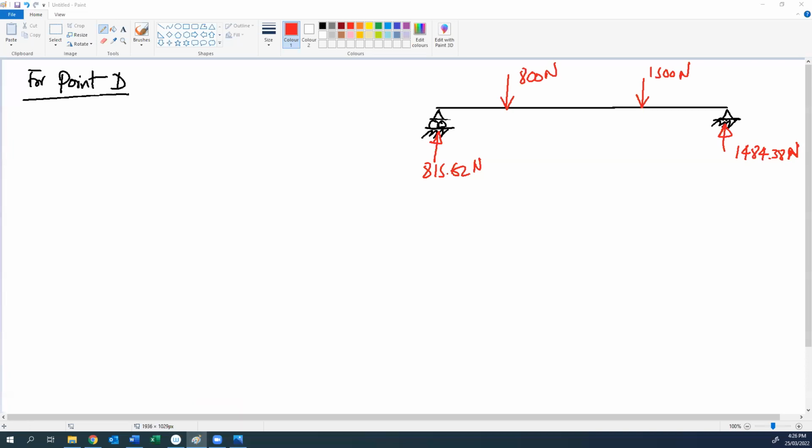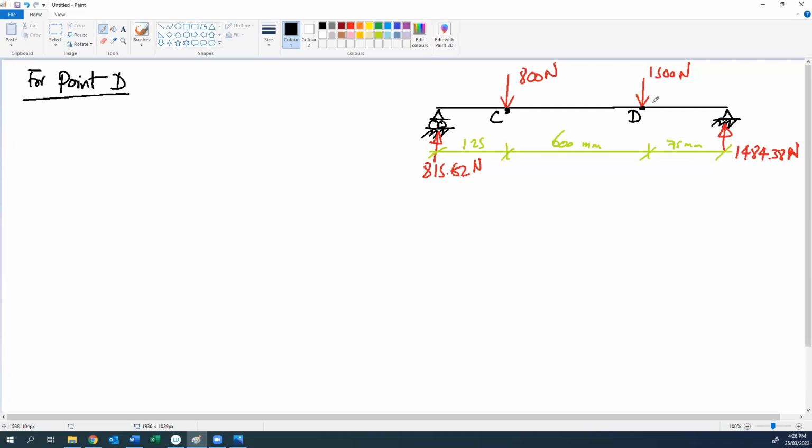And the distances are 125, 600, and 75 millimeter. Okay, and this one is point D and this one is point C.